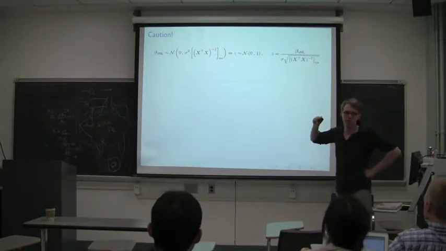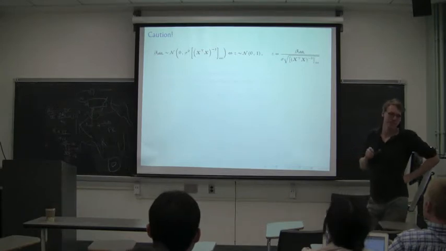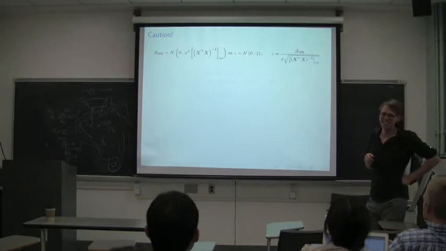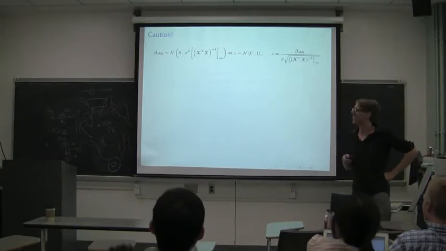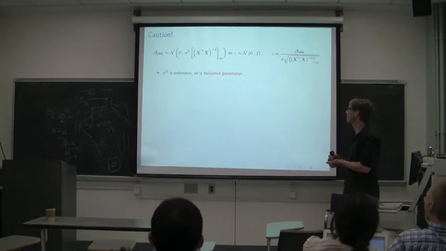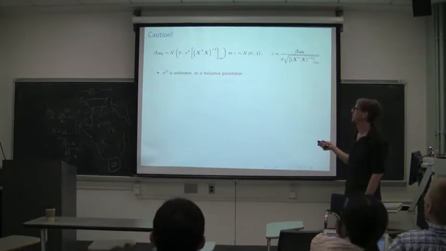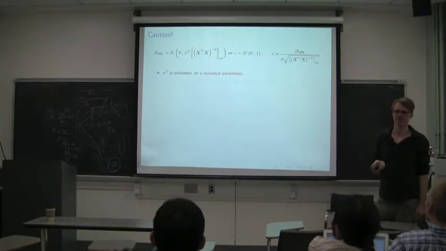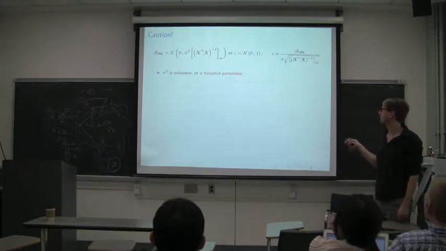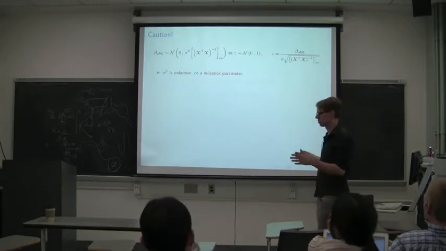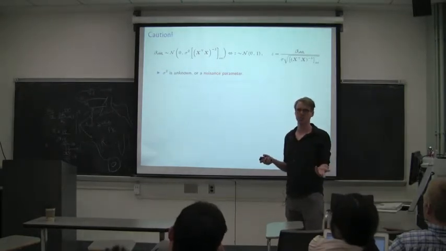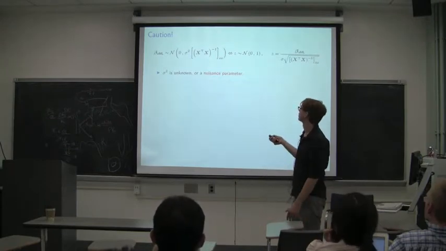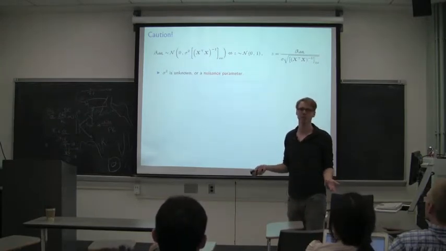So what's the problem with this? Does anybody see it? Just read the slide if you want. Well, the problem is that we used the data variance, which is an unknown parameter. We now have a distribution of our data which contains parameters we're interested in, like this beta, because we want to do a statistical test on it.